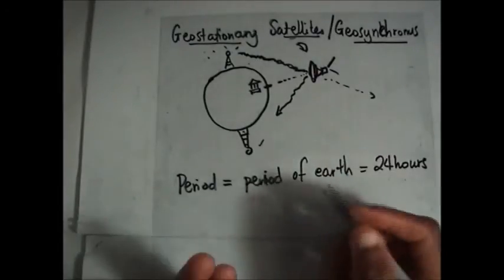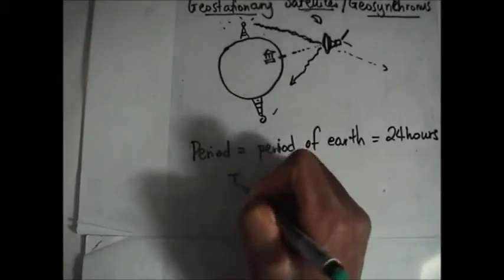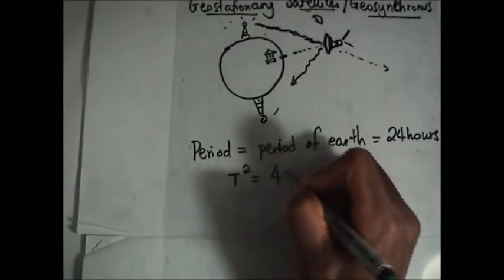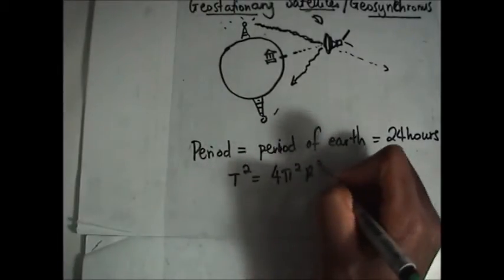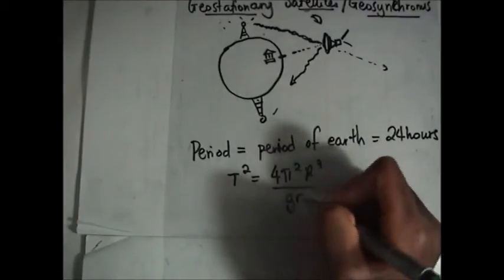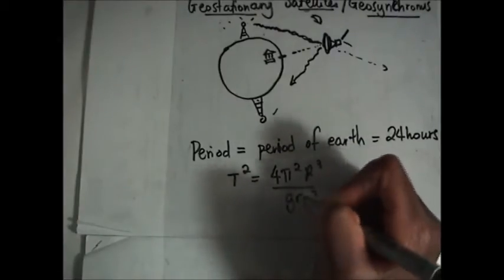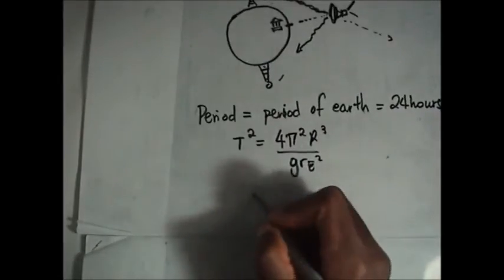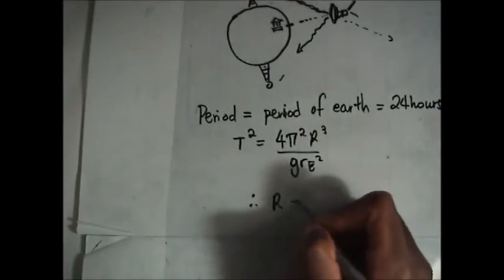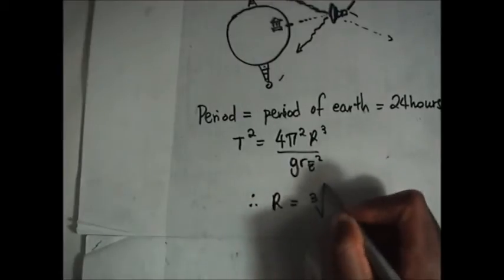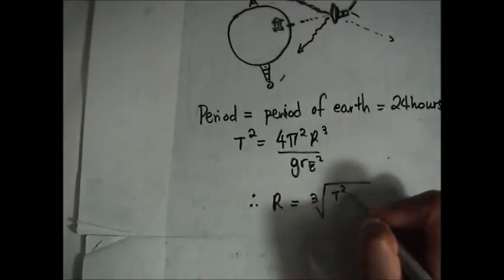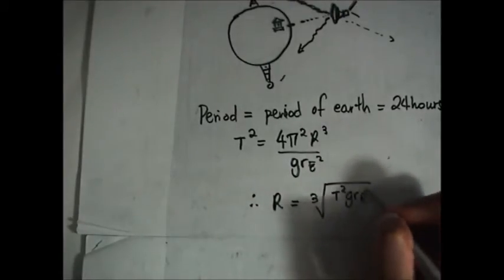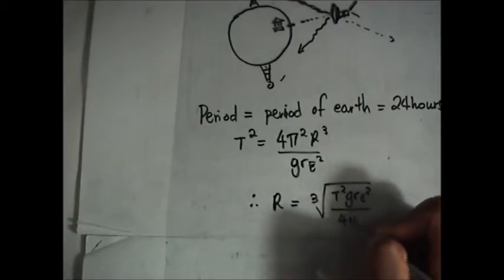And with the period, you can calculate most things. Since T squared is equal to 4 pi squared R cubed over G R_E squared, that we proved in the previous video. Therefore, I can calculate my R as equal to the cube root of T squared G R_E squared all over 4 pi squared.